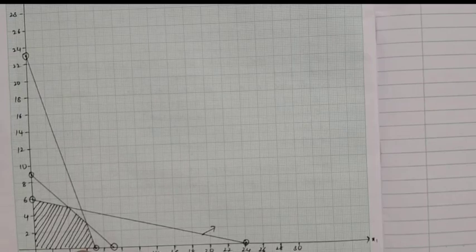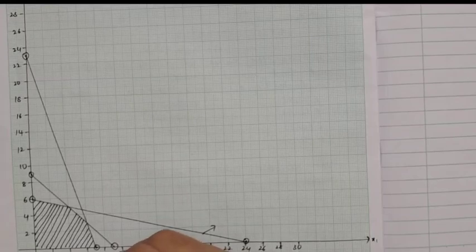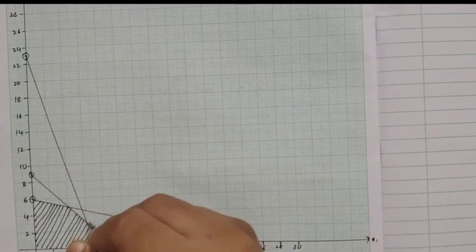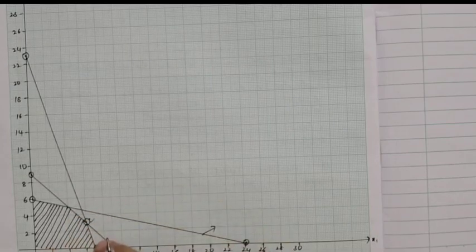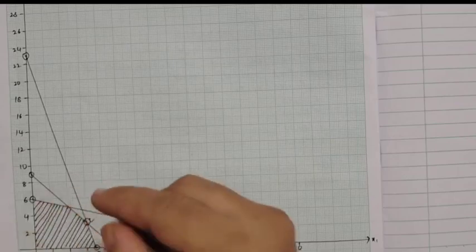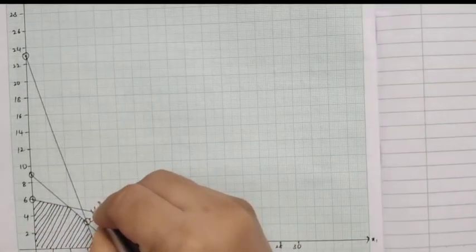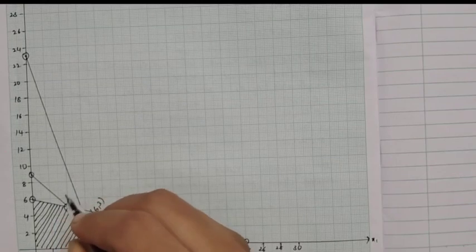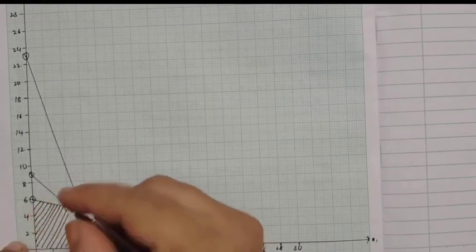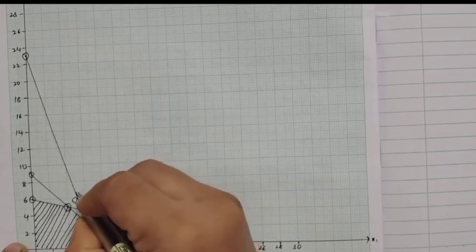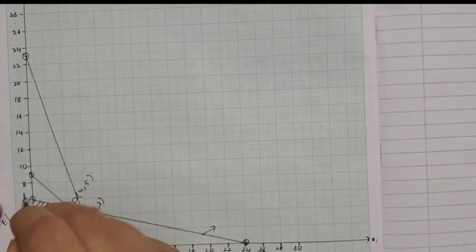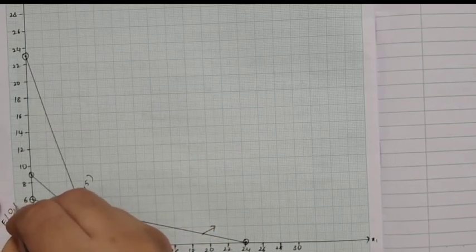Let's check the points. This is A, 0 comma 0, this is B, 7 comma 0, and point C at 6 comma 3. At point D we have 4 on the x-axis and 5 on the y-axis, so 4 comma 5, and point E is 0 comma 6.